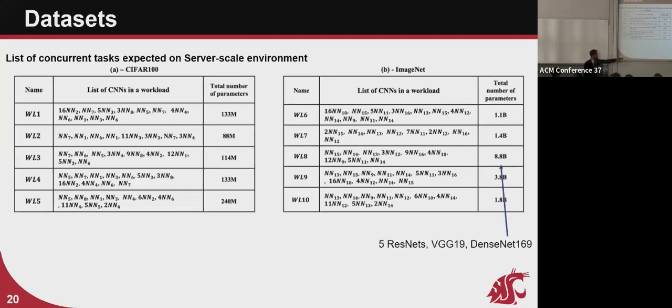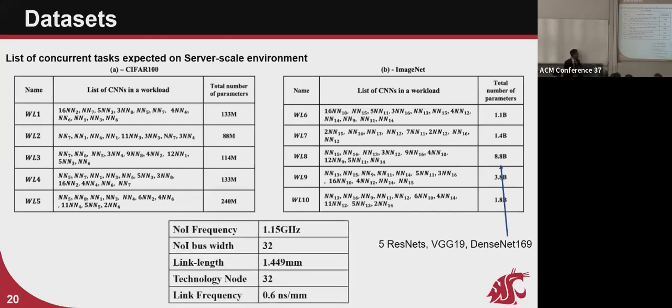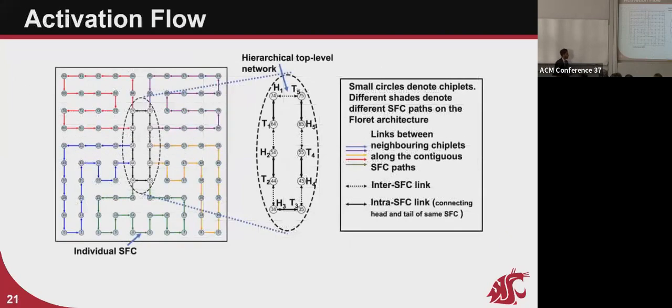If you remember these NNs, they just represent what they were. So we have 5 ResNets followed by some VGGs and multiple DenseNets. We use NVIDIA GRS to implement all considered NOIs to have this equivalent scenario, so there's a fair comparison. The only difference is the network on interposer and also the mapping that we are doing.